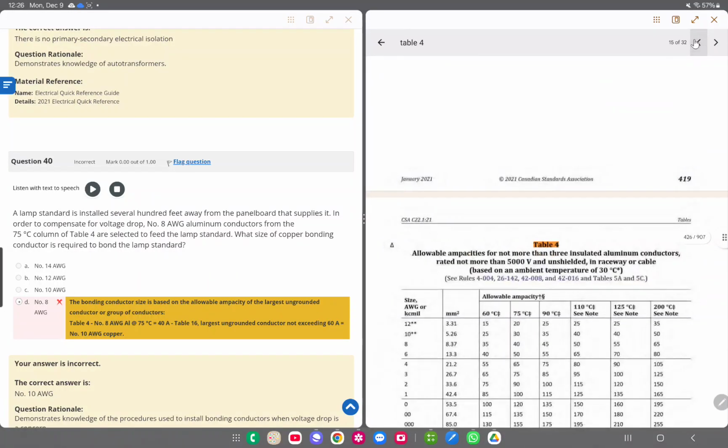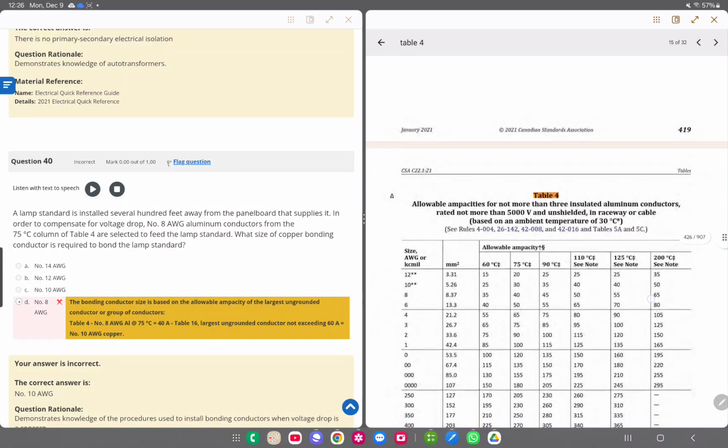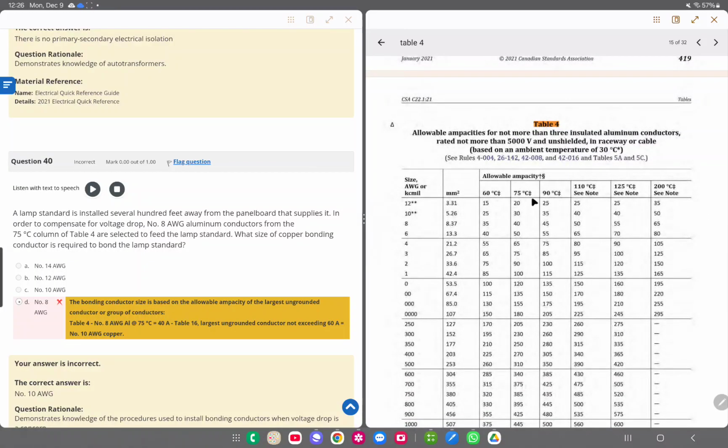Okay, here we are at table 4. We've got aluminum conductors from the 75-degree column, and we see our 75-degree column, number 8 gauge aluminum. This is aluminum, 40 amps.